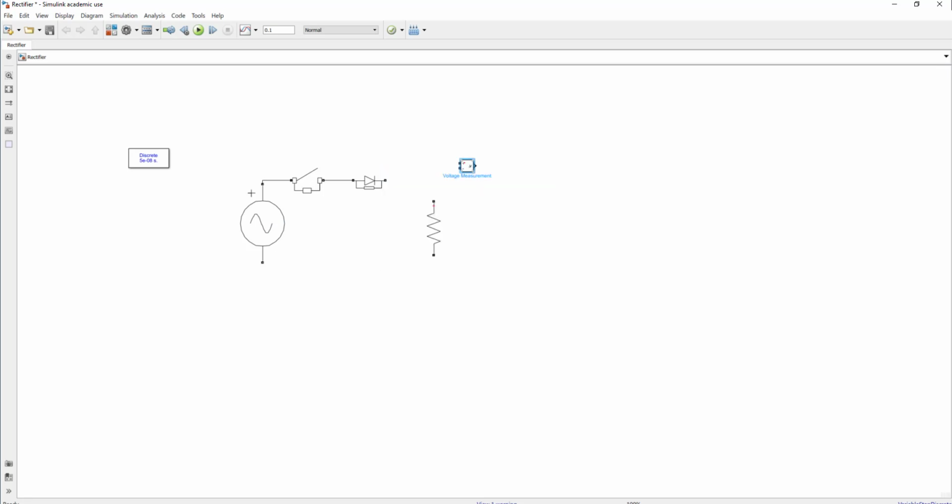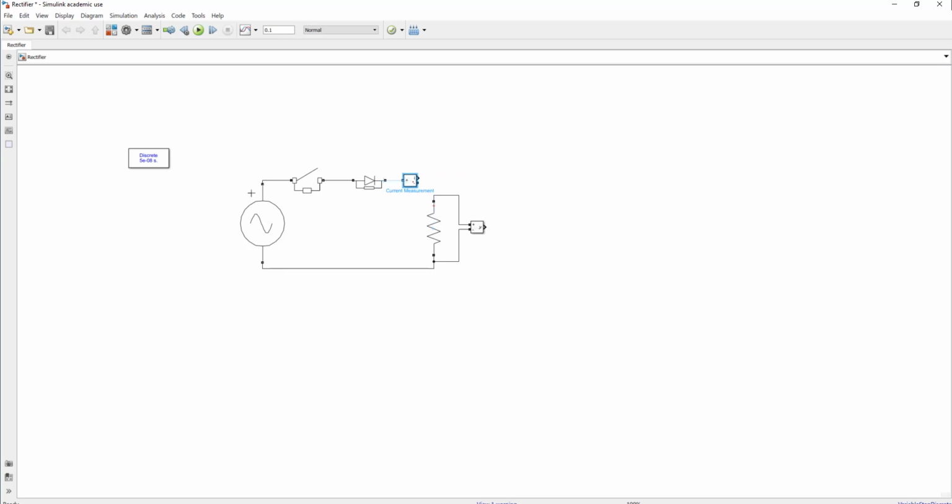So this voltage measurement let us take across the resistance, and let us connect these two terminals, and the current measurement also we want.